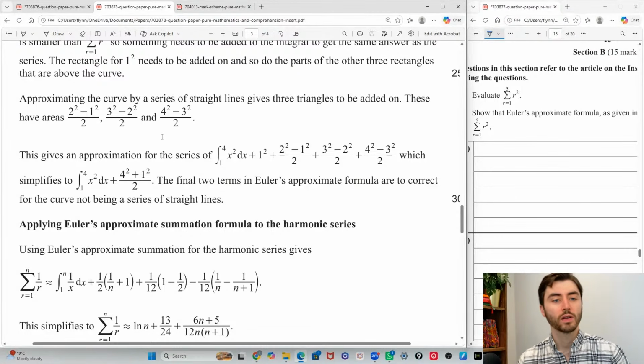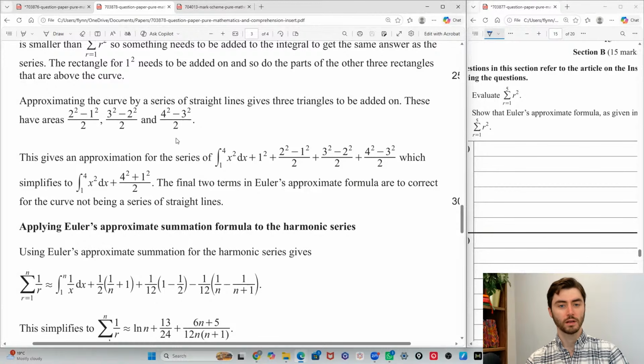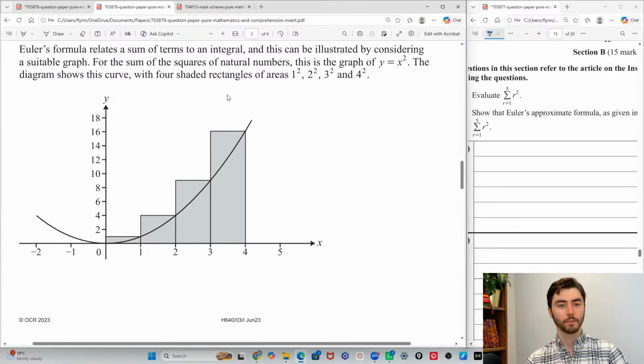Oh, approximating the curve by a series of straight lines gives the 3 triangles to be added on. Oh, okay, yeah, that makes sense. Well, I see 4 triangles personally.